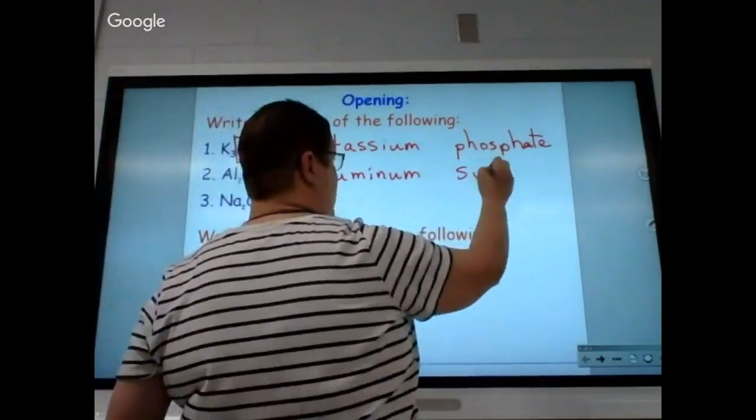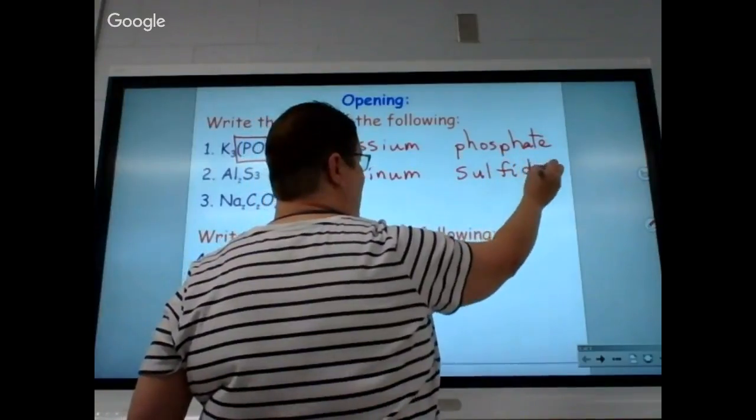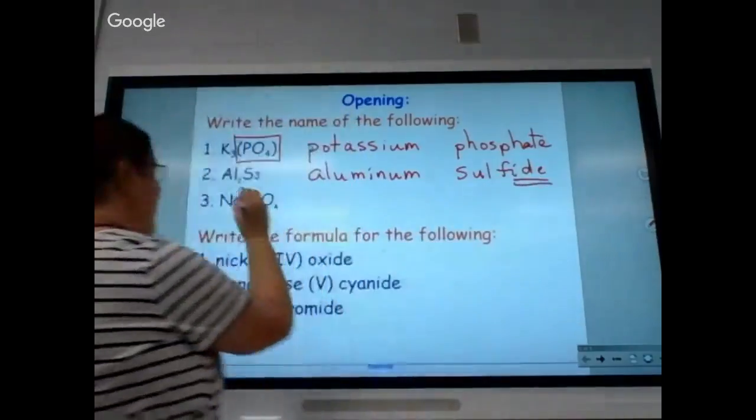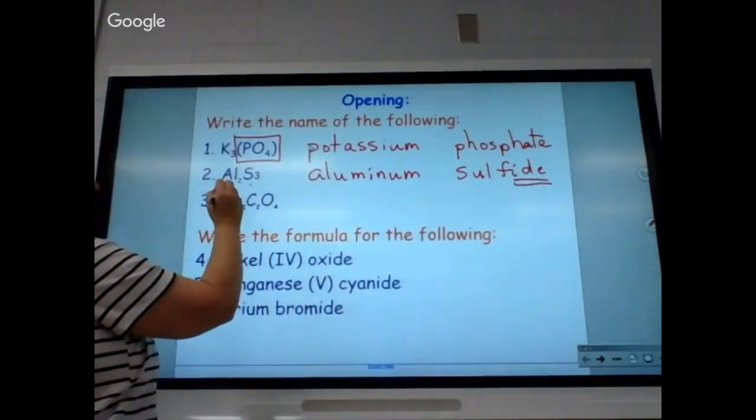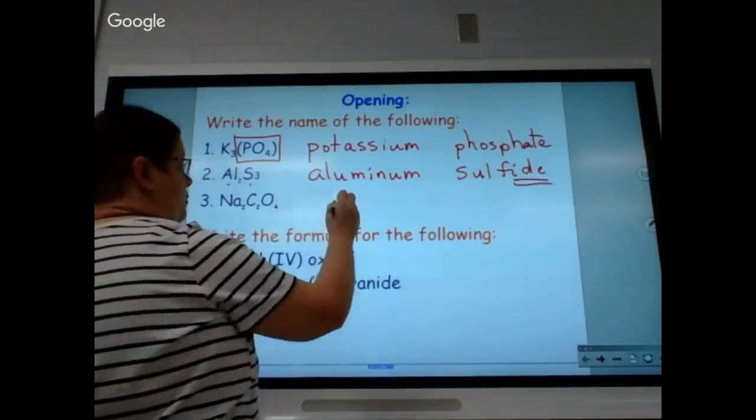So when Jada gave me the name for sulfur, she made an IDE on the end because there are only 2 capitals. She changed sulfur to sulfide. She didn't look it up on the polyatomic ion side because there are only 2 capital letters in that name.